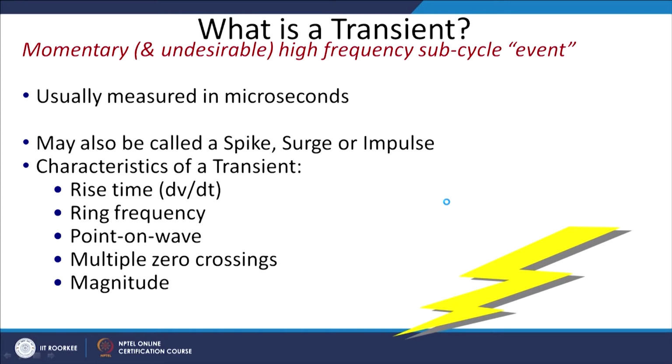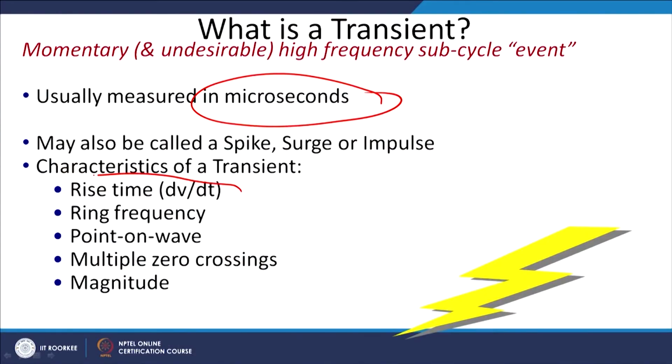These are transients, usually measured in microseconds. We have discussed them in detail. I am not going into detail, I am just touching upon what I have covered in this syllabus. It may be a spike, surge or impulse, characteristics of the transient. So, we have to deal with the magnitude, that is rise time, ring frequency, point on wave, multiple zero crossings and the magnitude.